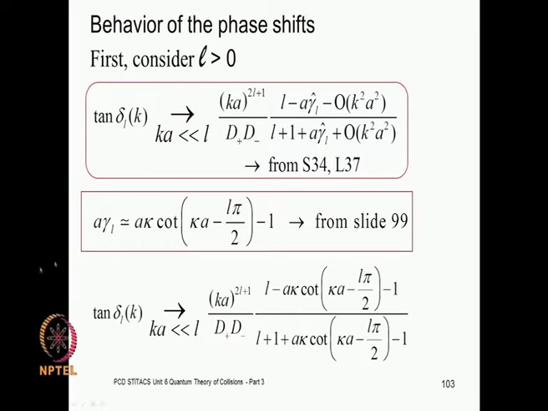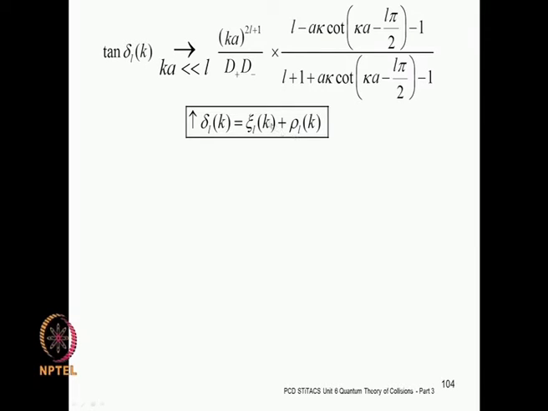This is A gamma. So, we had obtained gamma, so you multiply it by A, you get A gamma, right, and you can put this A gamma in this expression here, and you get tan delta to be given by this relation, okay. You have neglected certain terms here. So, this is your expression for tan delta.